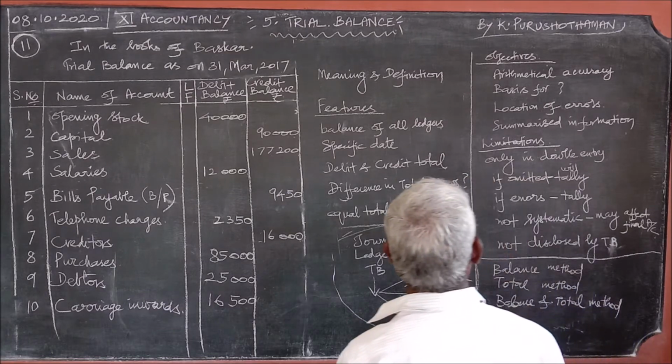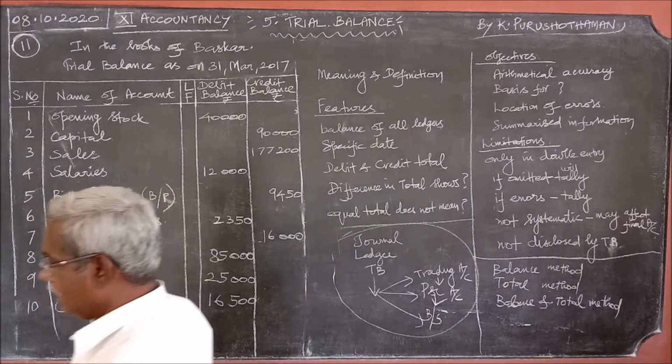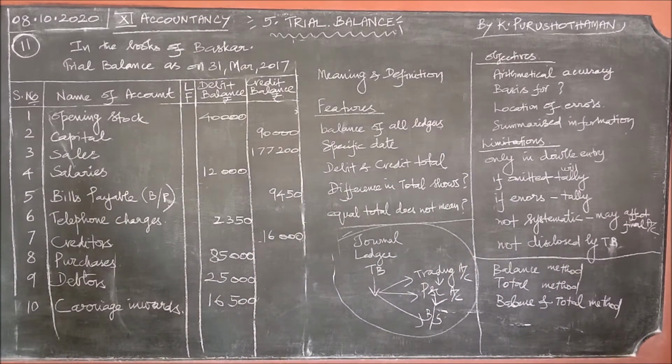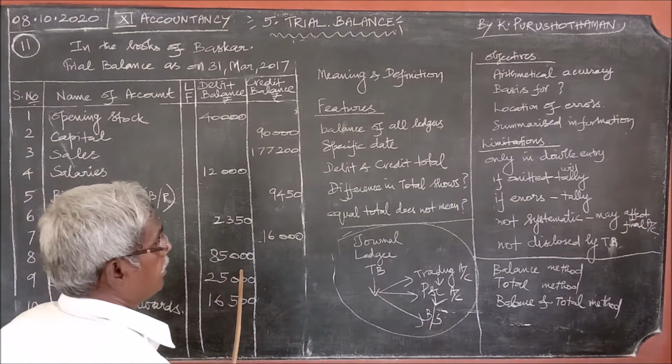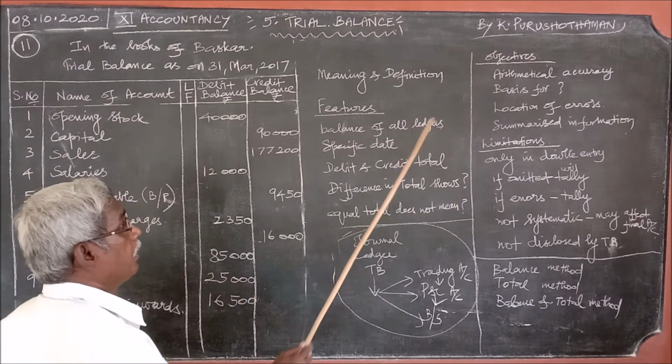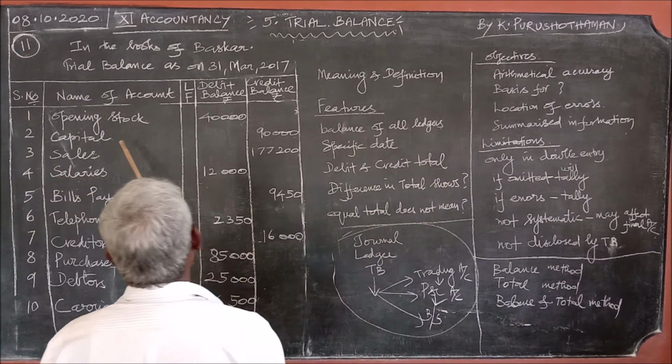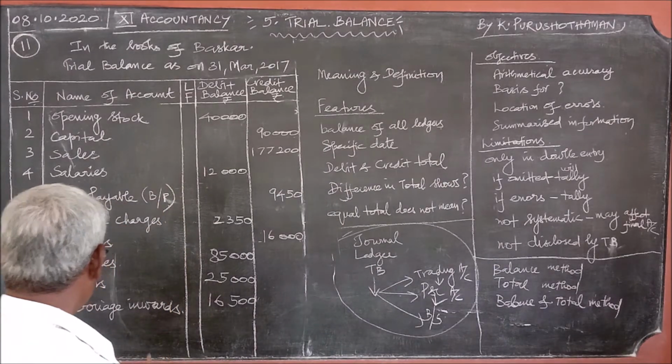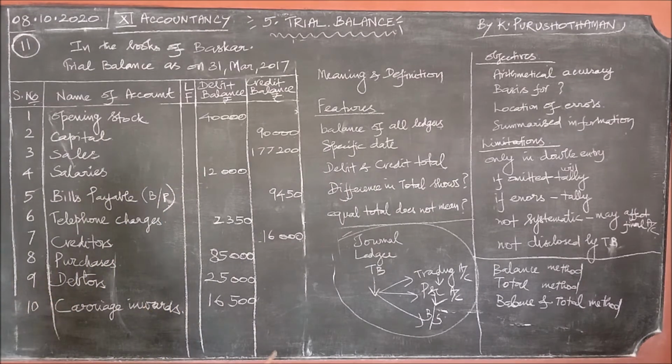Whether the errors can be located: some errors can be located and some other errors cannot be located in the trial balance. Okay? And locating errors. There are 10 accounts given. All these 10 numbers are taken from the ledger balances. Say for example, what is the balance of capital?